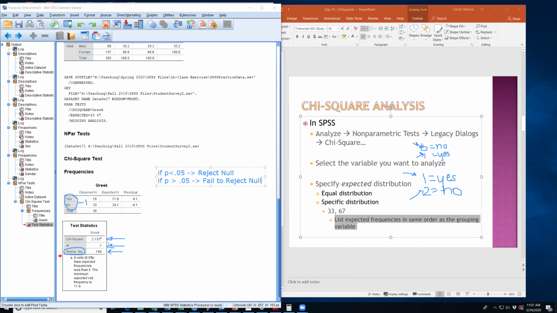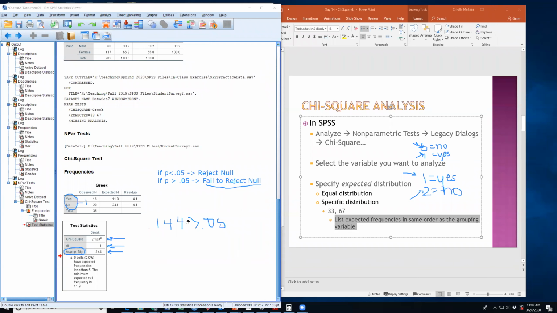In this case, our p-value is 0.144. 0.144 is greater than 0.05, so we are going to fail to reject the null hypothesis. I deleted our null hypothesis by accident, so let's go back to that worksheet.